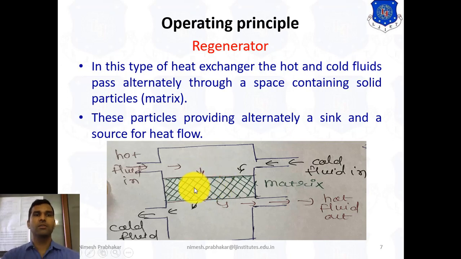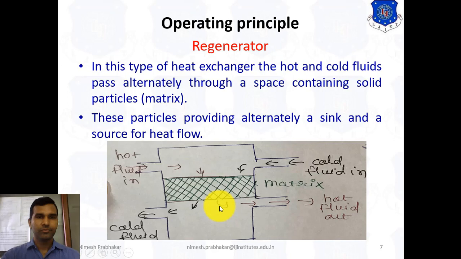First, the hot water passes through this matrix. So this matrix absorbs the energy of the hot water, that means it absorbs the heat, and then we pass the cold water. At that time this matrix releases this absorbed energy.